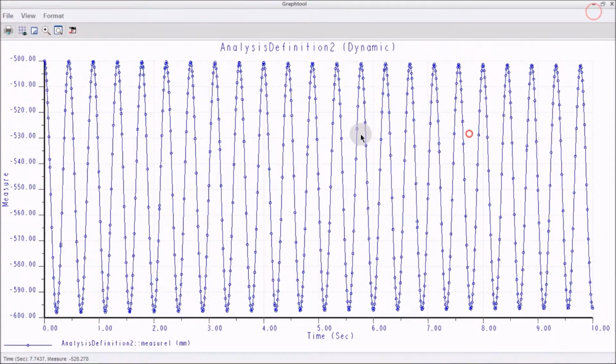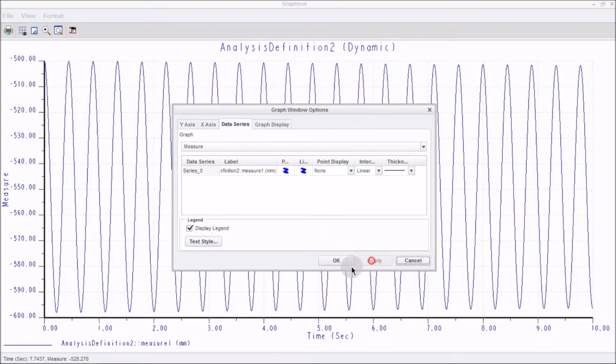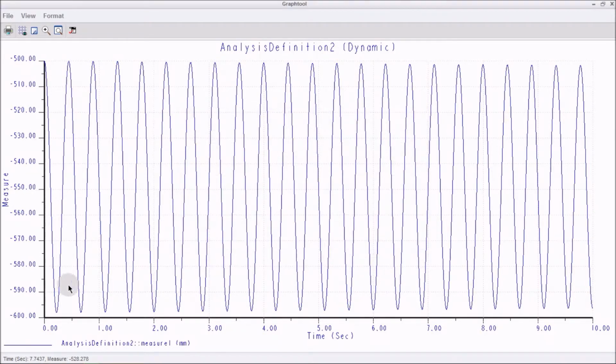Here it looks like a dynamic system. Here format data and select none, so these circles will disappear for good visualization. So apply. Okay, these are the waveforms of our system.